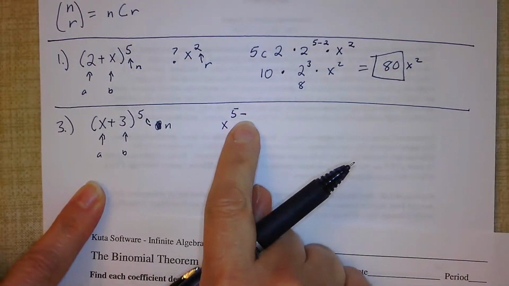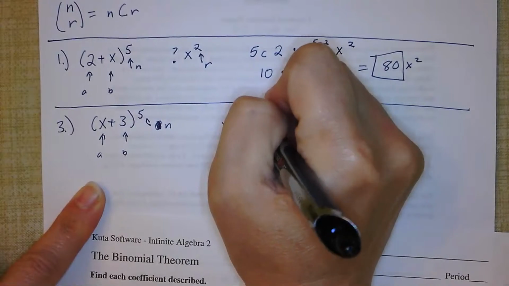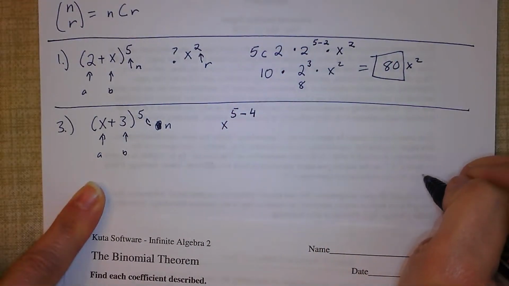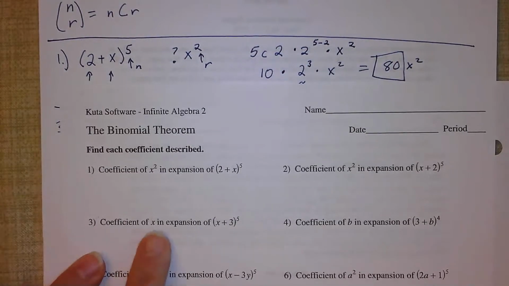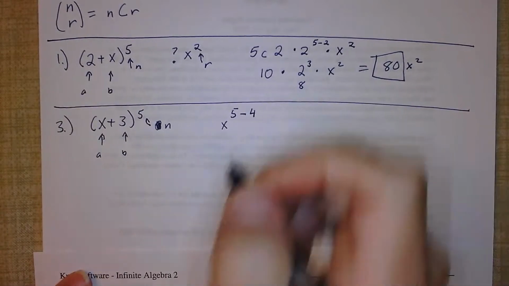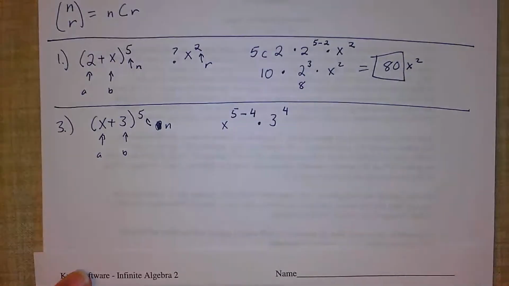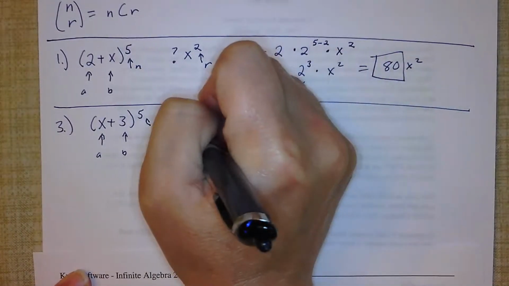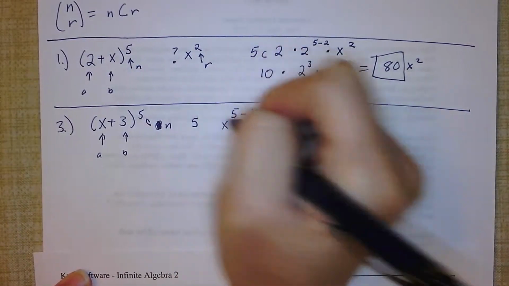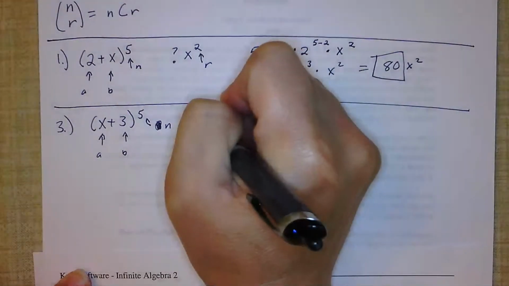So what r value am I going to need to use? I'm going to need to use an r value of 4, because that way I'll get x to the first. So that means it's going to be times 3 to the fourth. And it's going to be 5C4, I did not leave myself enough space.